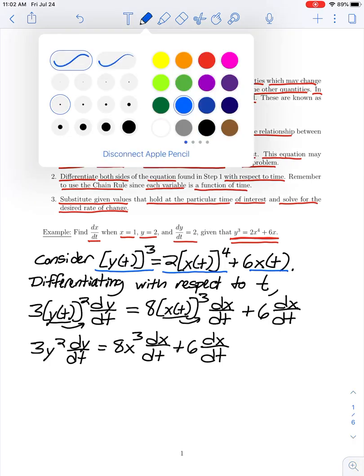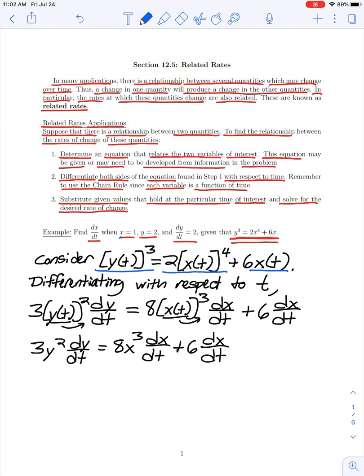So in the problem statement, we were given x is equal to 1, y is equal to 2, and the rate of change of y with respect to t, or the derivative of y with respect to t, is 2. So let's substitute those values into the equation that we just found.